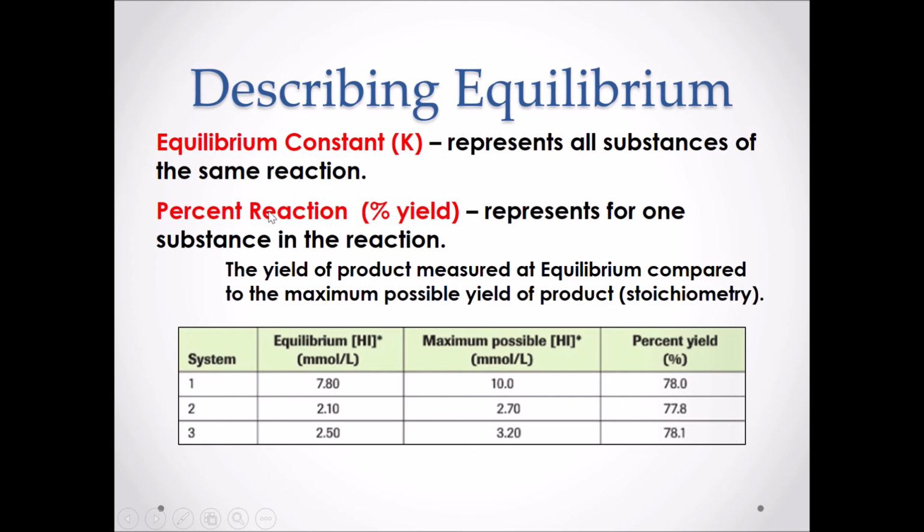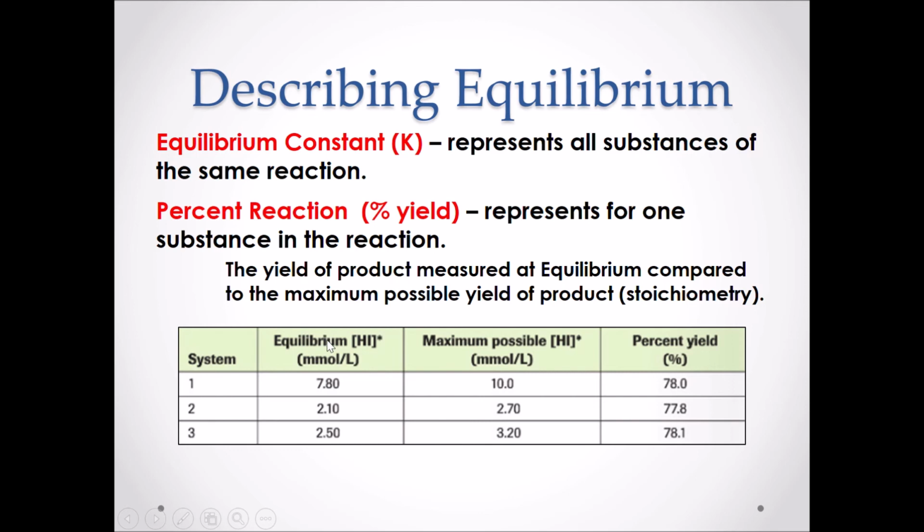The other way to describe equilibrium is percent reaction or percent yield, but this only represents a value for one of the substances in the reaction. Percent reaction is the yield of product measured at equilibrium compared to the maximum possible yield of product, which we could calculate using stoichiometry.